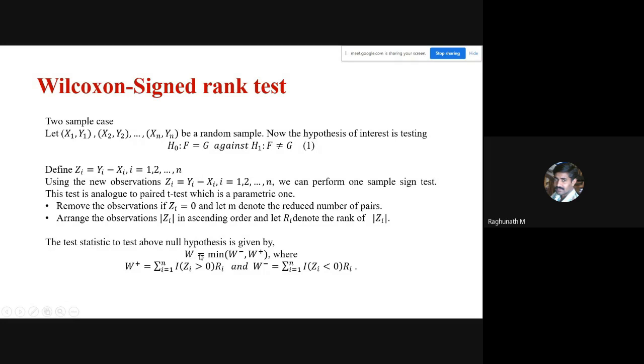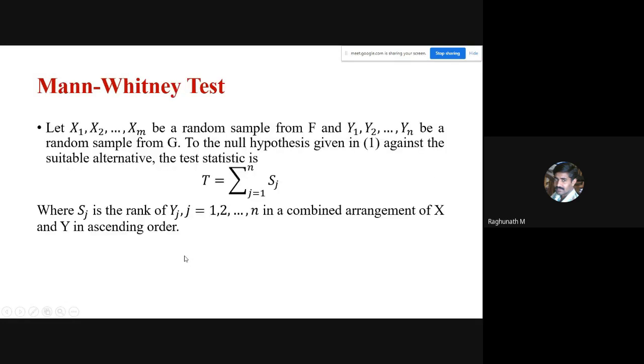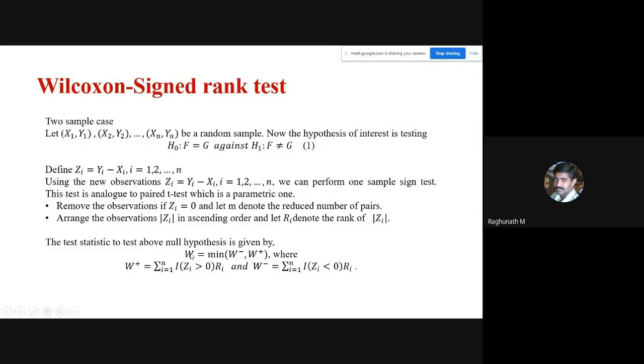Once you compute this test statistic W, you define a test rule.